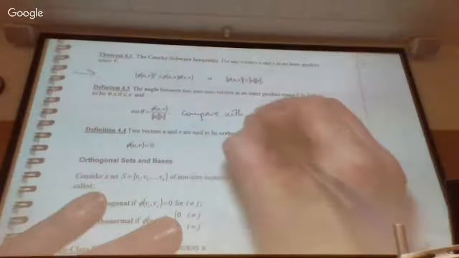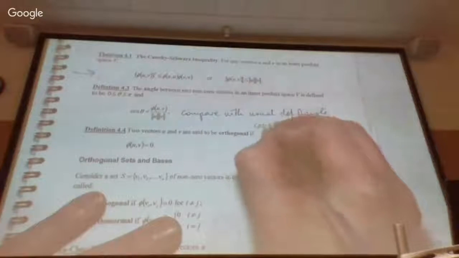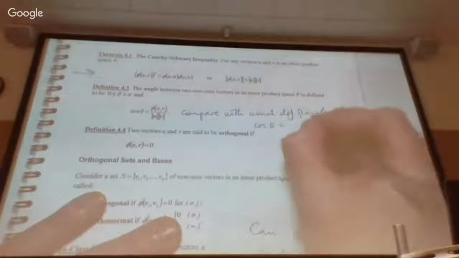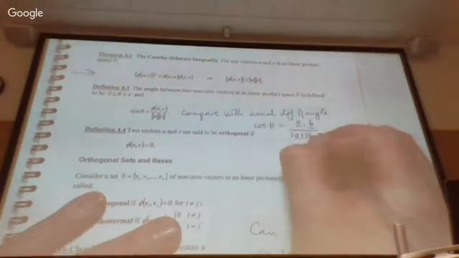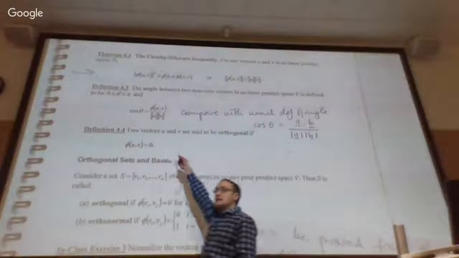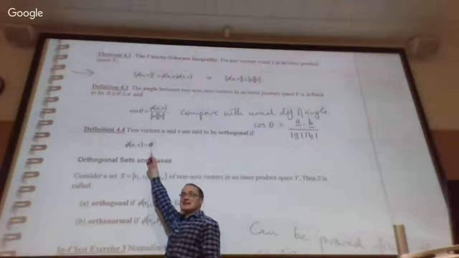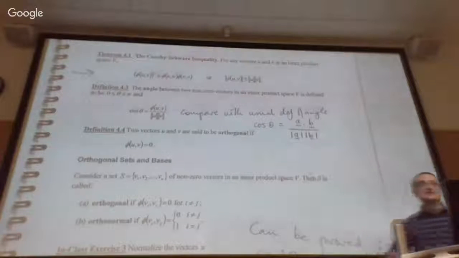Okay? So compare with the usual definition of angle, which is the cosine of the angle theta between two vectors, A and B, is the dot product of A and B divided by the product of the lengths of A and B. So you can see we're just doing exactly that definition, but instead of talking about the dot product, we're talking about this inner product.